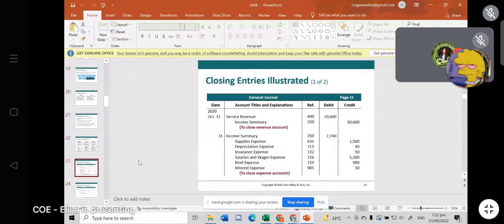In this case we will use the illustration from the Pioneer activity, the trial balance.